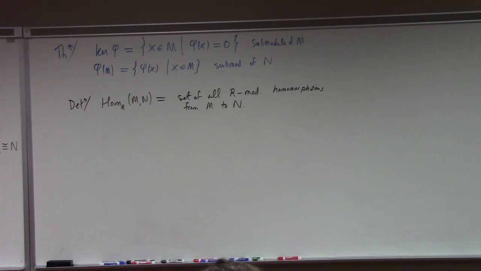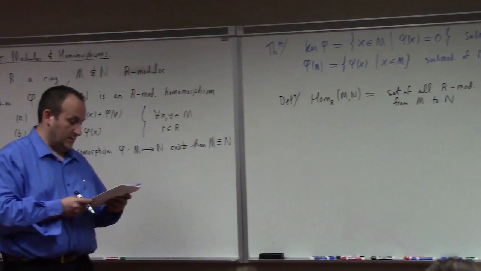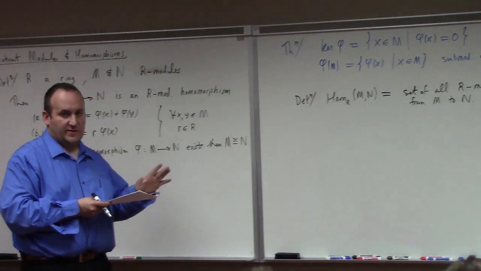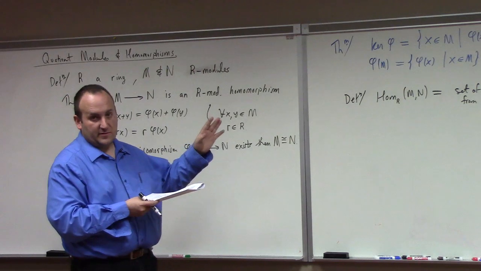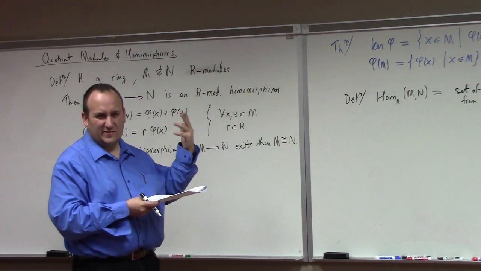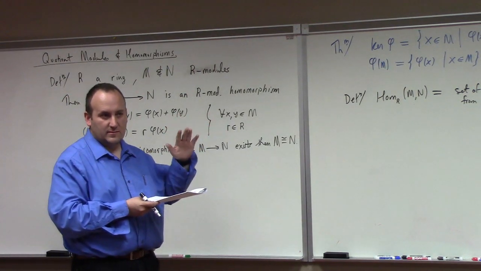Now, he makes some comments here. He says, any R-module homomorphism is also a homomorphism of additive groups. So, stop right there. That's why we define kernel to be the additive kernel. You could imagine looking at the set of things which map to 1.